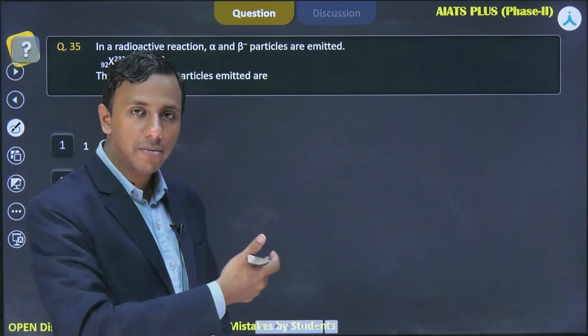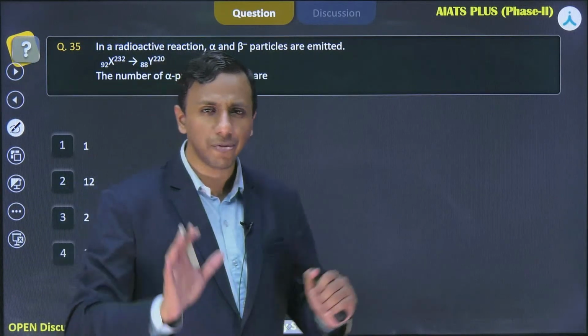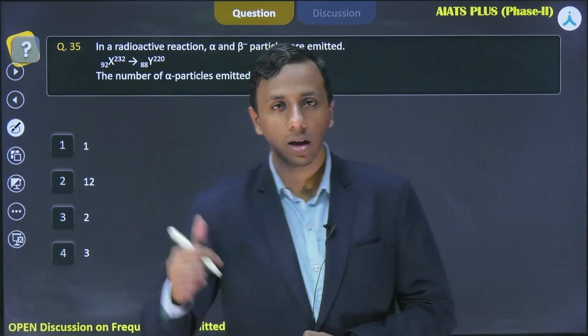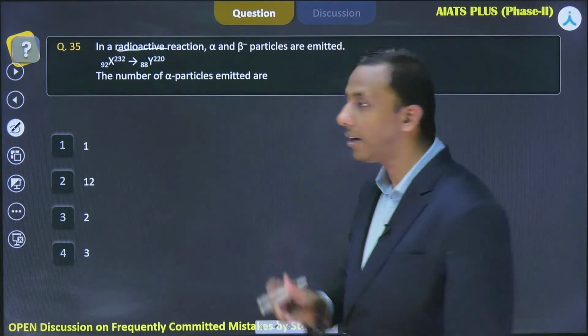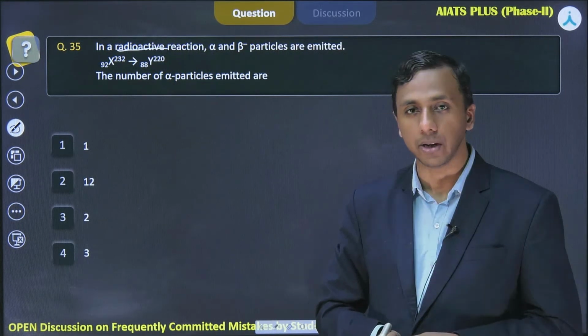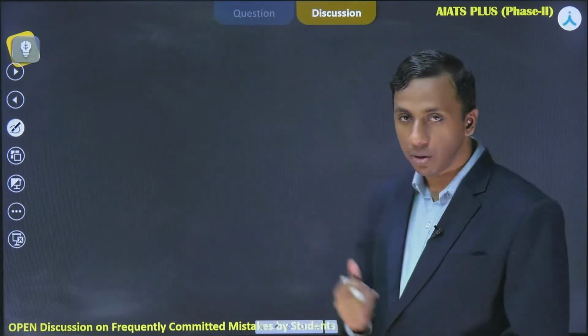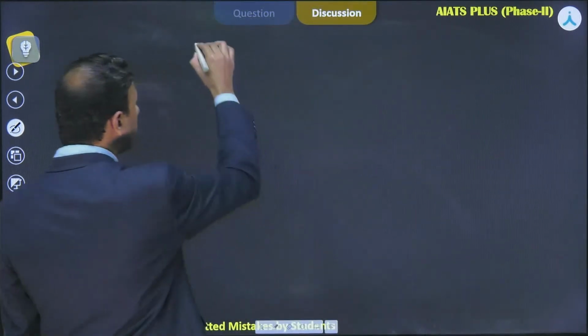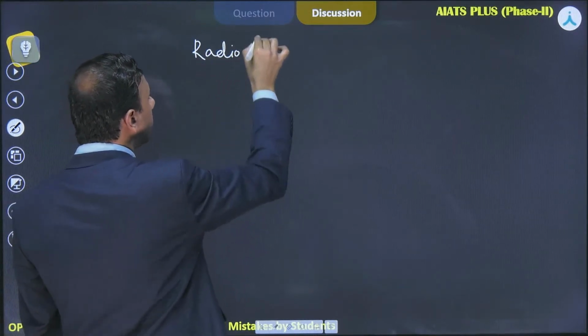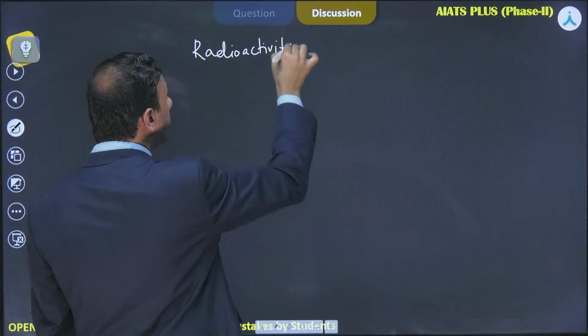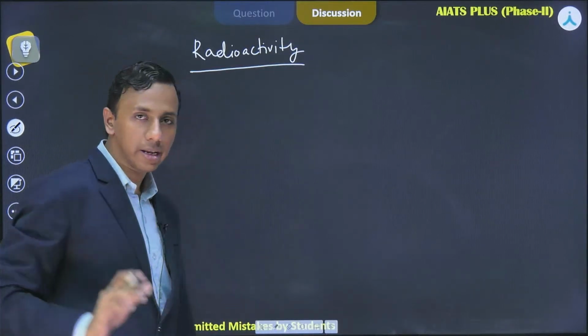Now we have entered a different topic, one which we had not covered so far: a reaction involving radioactivity. About this radioactivity, I will share some small snippets with you. We are not going into much detail, we are just following NCERT.